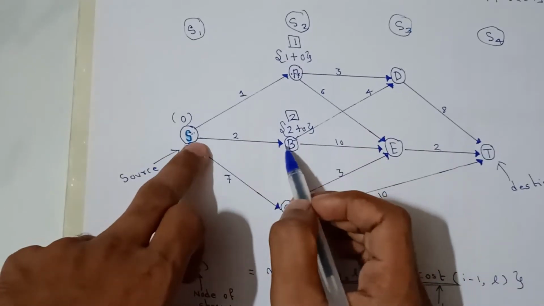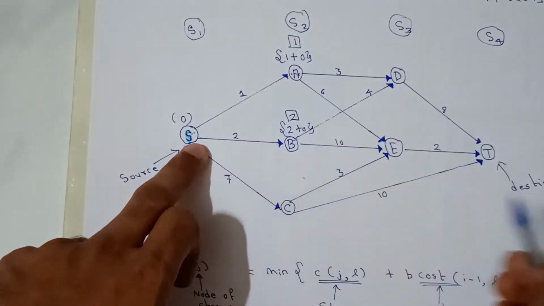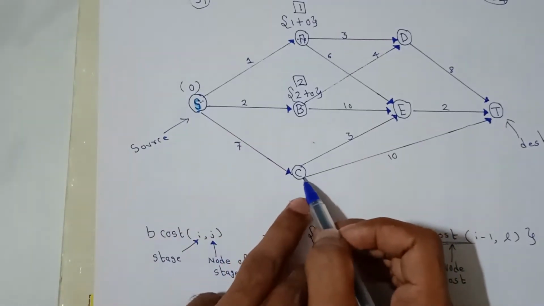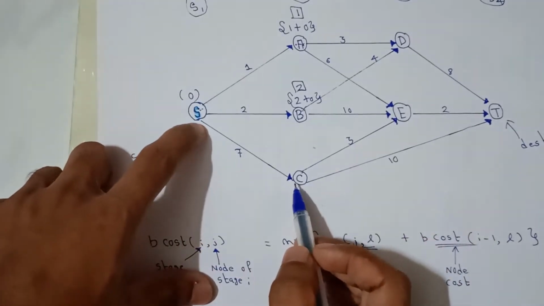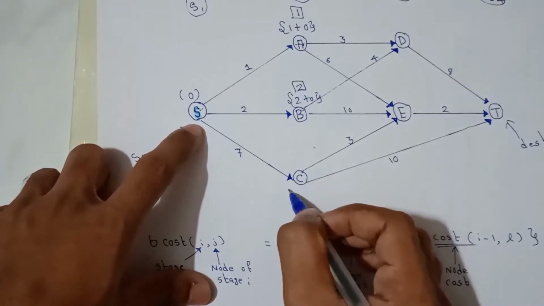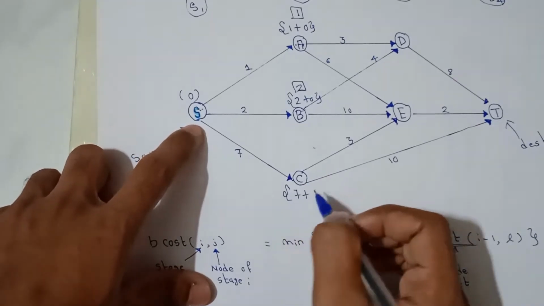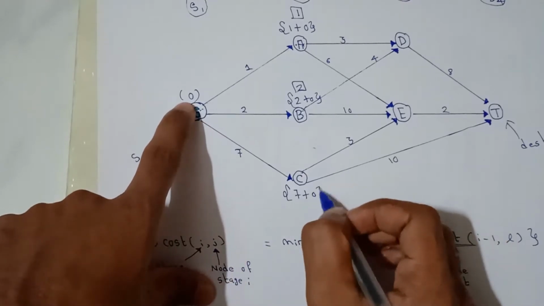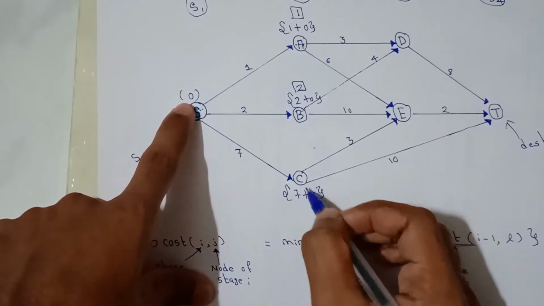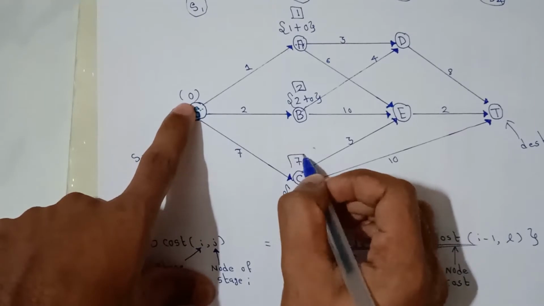As there is only one path, that will be the cost. Now the cost of node C will be calculated as the edge cost connecting S to C, that is 7, plus the cost of node S, that is 0. So the cost of node C will be 7, right?